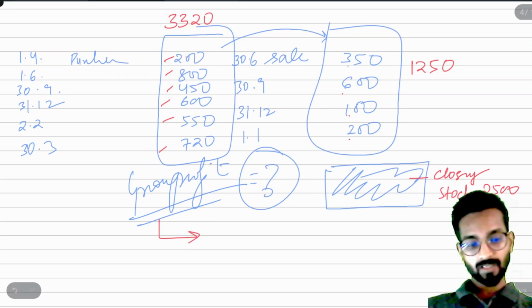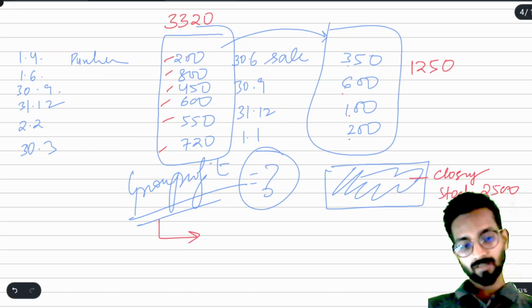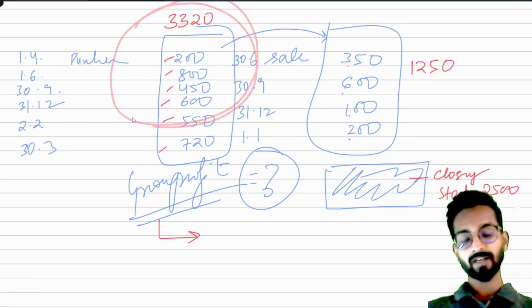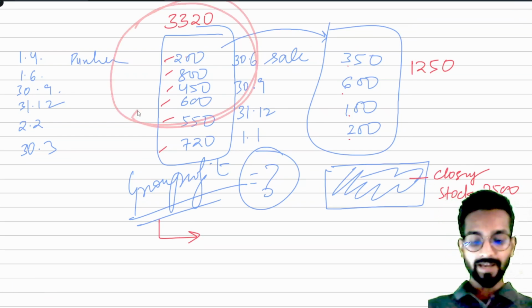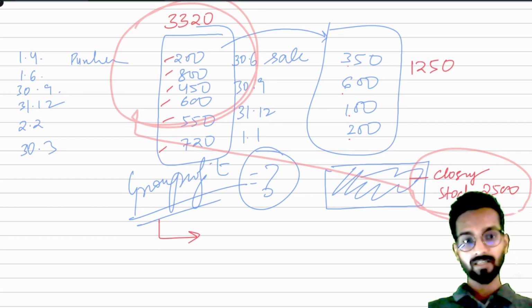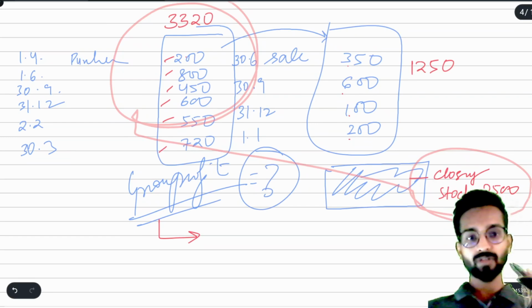Now can anybody tell me what is the gross profit? See, if I tell you that I have purchased goods worth 3320 rupees, and at the end of the year I still have stock worth 2500, it means during the entire year, how much cost of goods have we already sold to the customer?